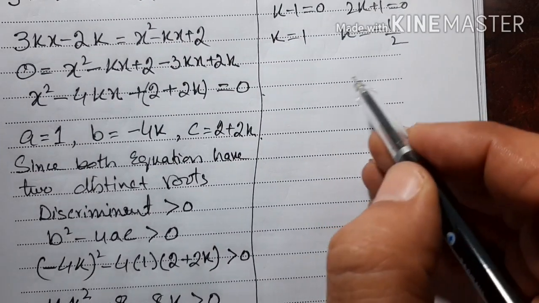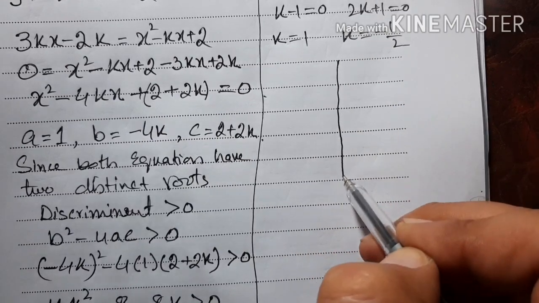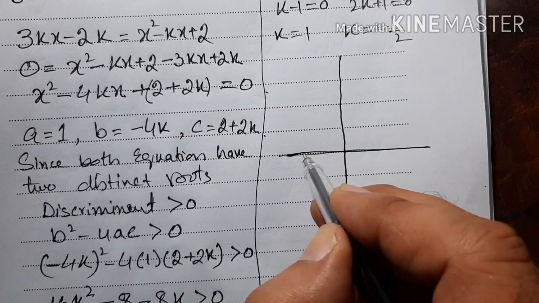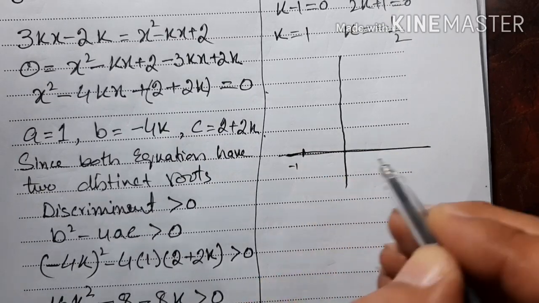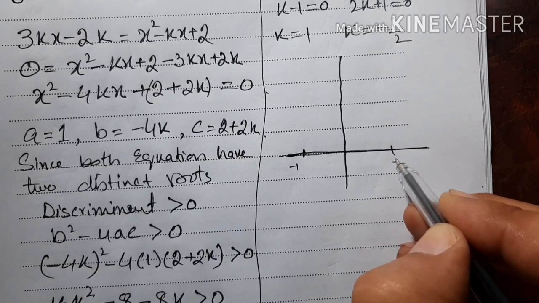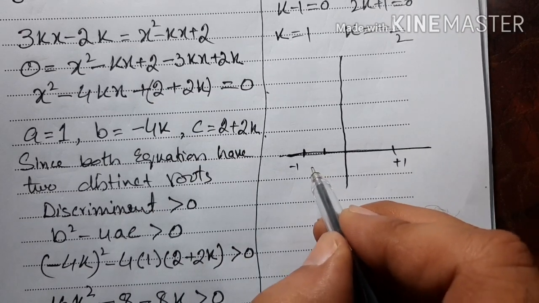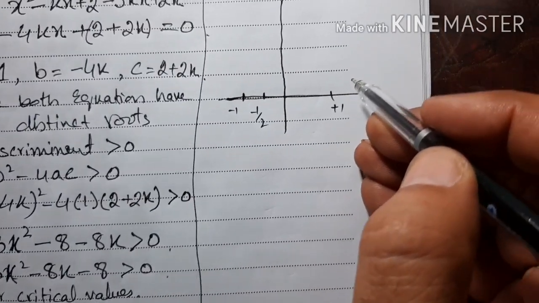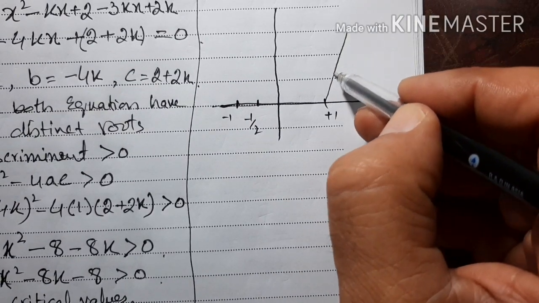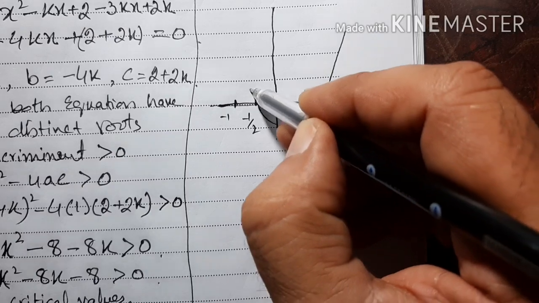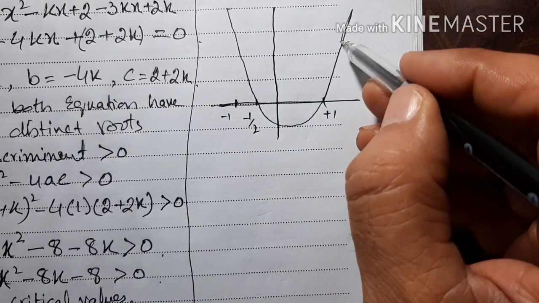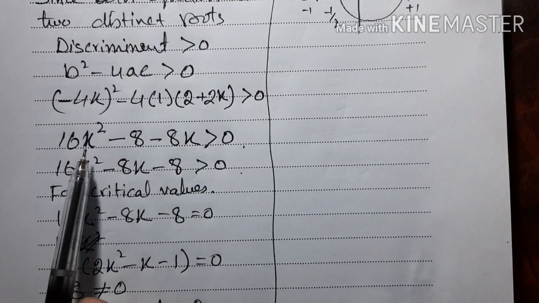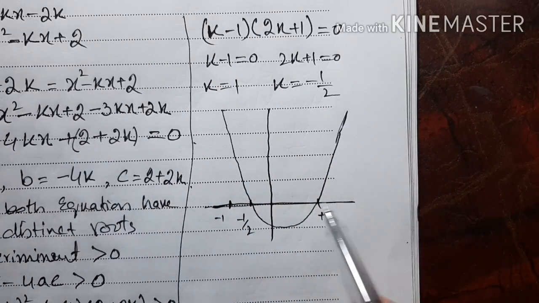Now, if I draw parabola, this is 1, this is plus 1. So this will be minus 1 by 2. So my parabola will be like this. Because x square coefficient is positive, the parabola will be a cup shape.